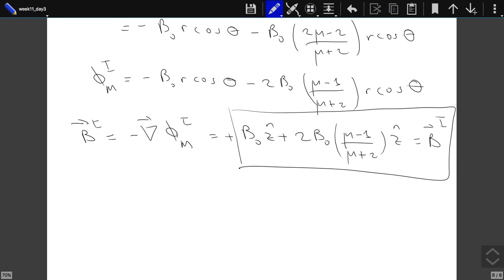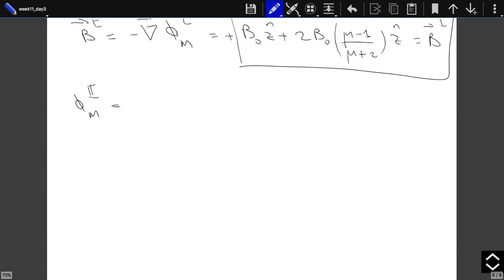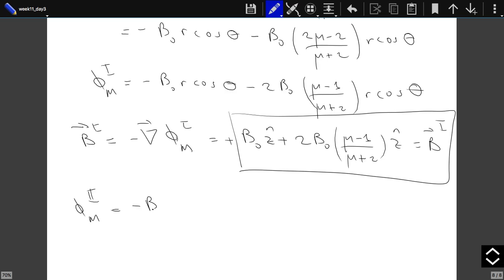Now let's look at B2. Now phi m2, if you remember, this was minus B0 R cosine theta. This is the one we applied, plus the one created by this material, which was B_l over R to the l plus 1 times P_l of cosine theta. But we know that only B1 is non-zero.